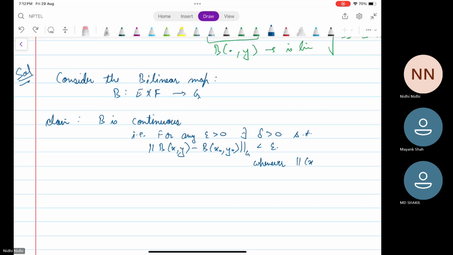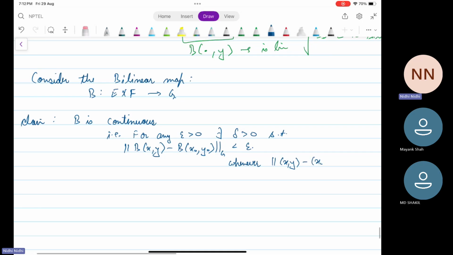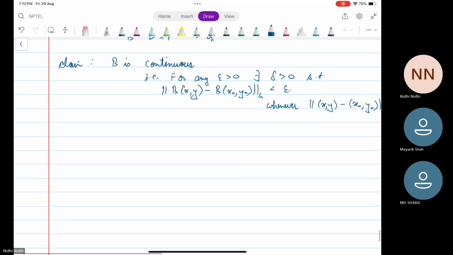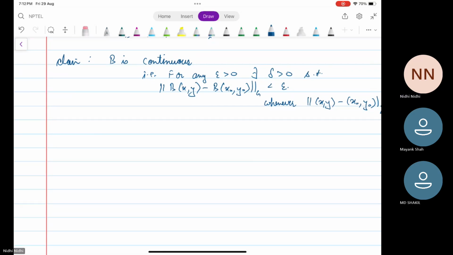whenever (x,y) minus (x naught, y naught) is less than delta, where here we have the norm of E cross F. So we have B(x,y) minus B(x naught, y naught). We can just add and subtract B(x, y naught).